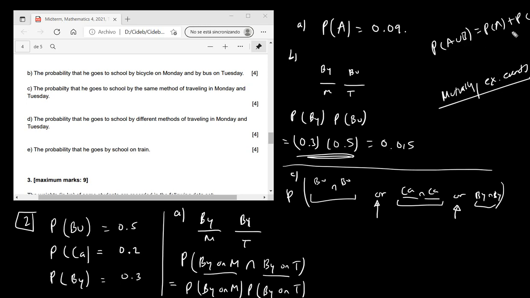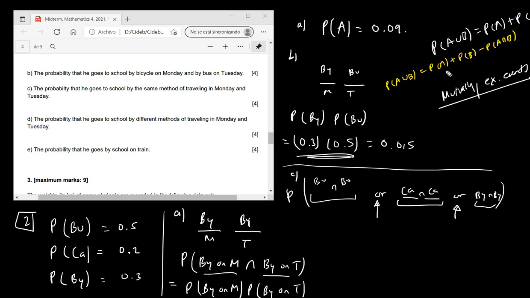Okay, why? Why is this true? Because of the following. I'm gonna write this in yellow. If you write down the whole formula for the probability of the union of two events, that's gonna be this plus this plus this.